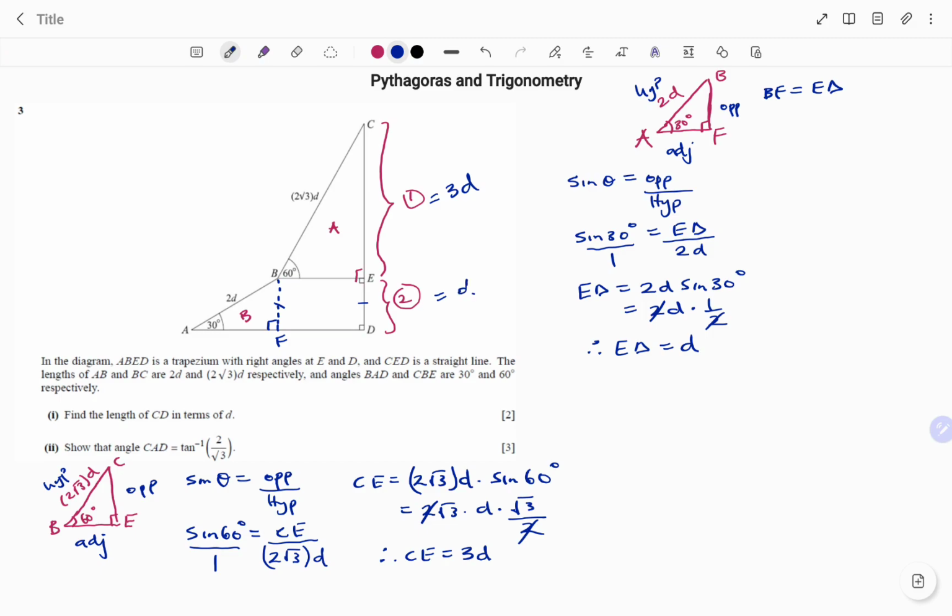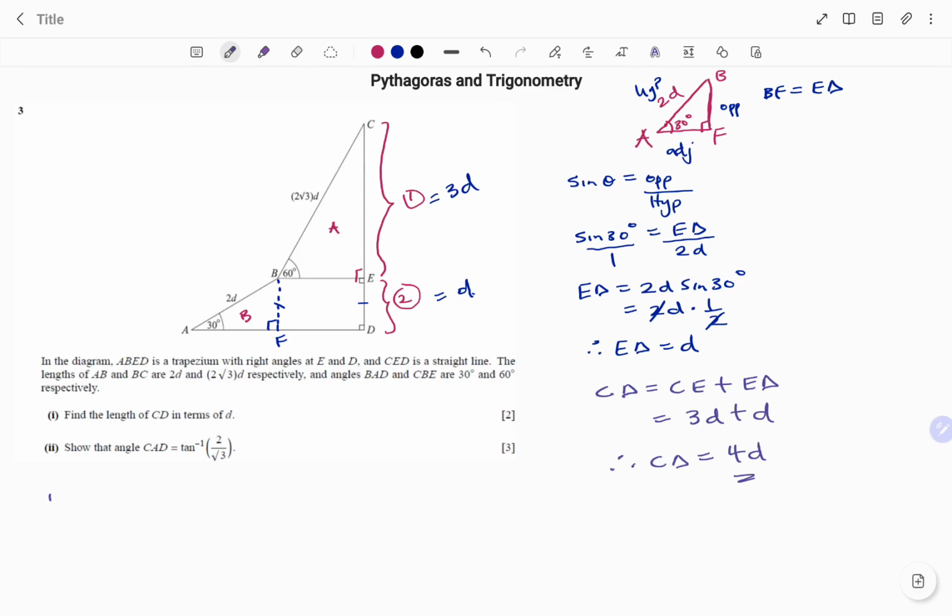I'm looking for CD, and I've been able to state that the total length CD equals CE plus ED. So therefore, CD equals CE, which is 3D, plus the length ED, which is D. Therefore, total length CD equals 4D.